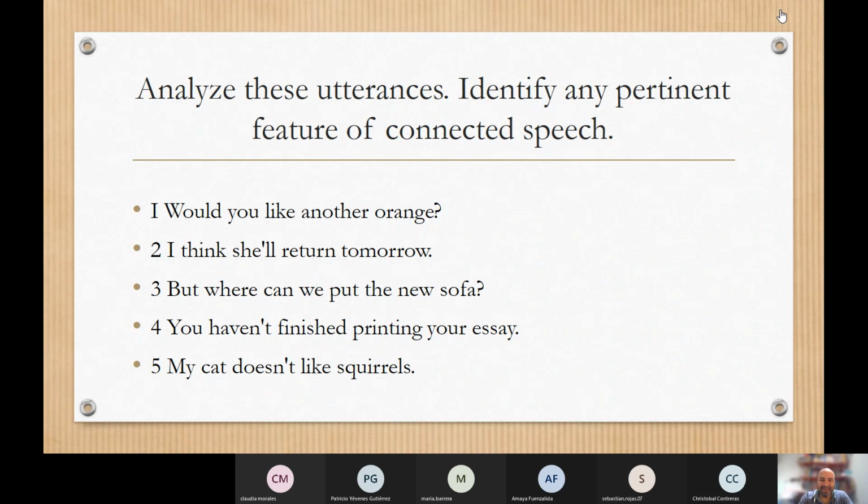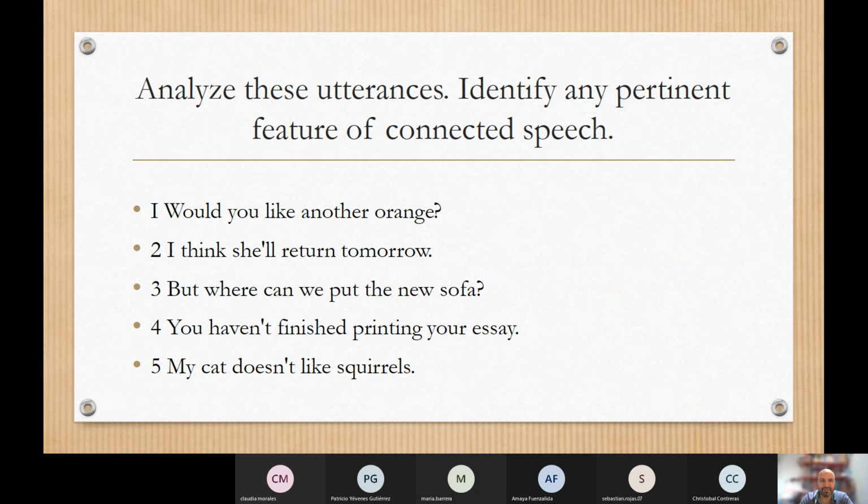And the idea is that we can walk through this together. So let's tackle the first utterance. We have to read it aloud many times. You have to convince yourself about what you're listening.